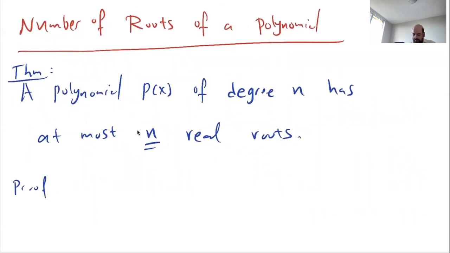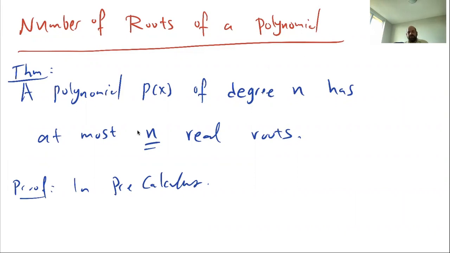The proof of this is in a pre-calculus course. As a standard concept of polynomial, a polynomial of degree n has at most n real roots.